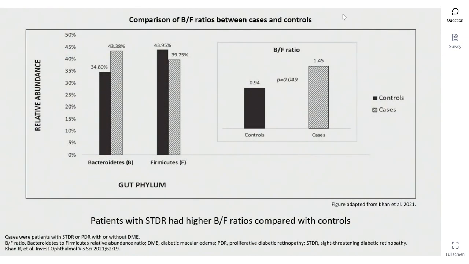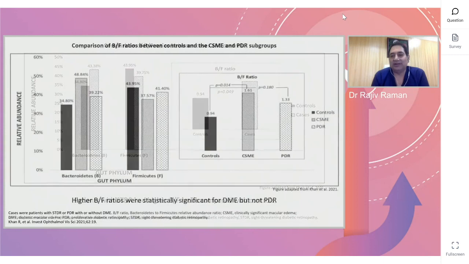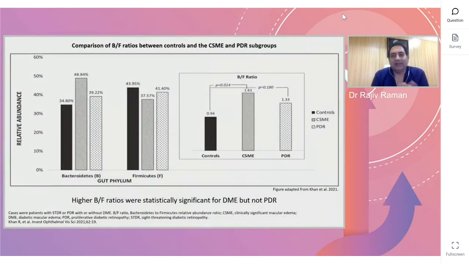When we tried looking at this ratio called the BF ratio, bacteroides to firmicutes, definitely there is a difference between cases and controls. Those with sight-threatening retinopathy had a higher BF ratio as compared to those who didn't have retinopathy. And this higher BF ratio was because of diabetic macular edema, not because of PDR. So the increased BF ratio, or this increased bacteroides and reduced firmicutes, is mainly happening in DME.